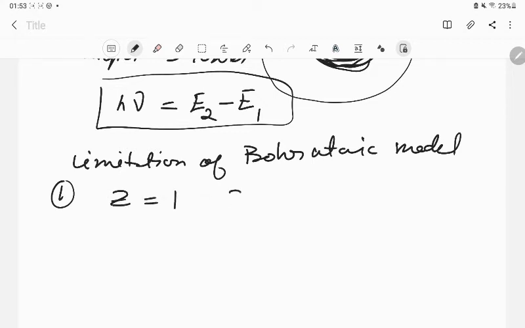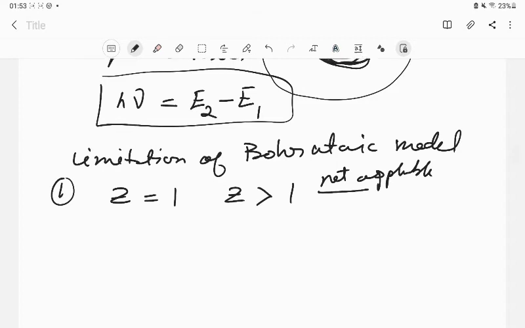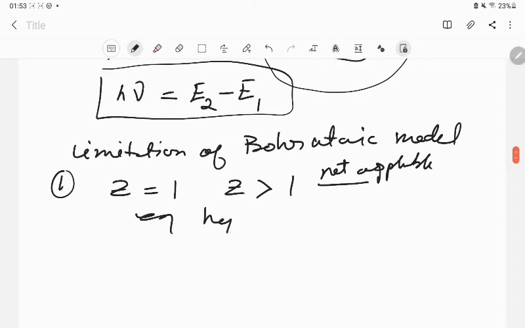If the atomic number is more than 1, then this model is not applicable. Example, hydrogen. Hydrogen's atomic number is 1, right?